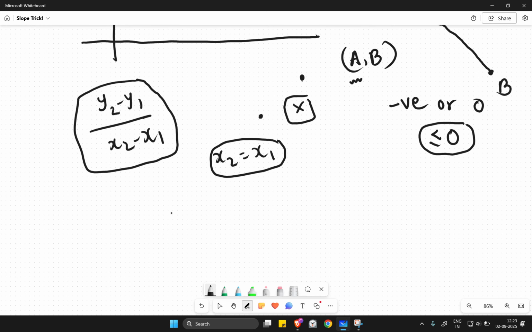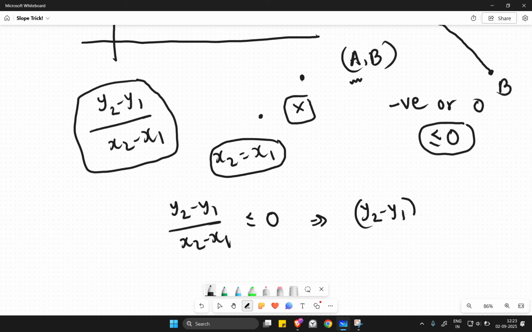So what you can do is that, if y2 minus y1 divided by x2 minus x1 is less than or equal to 0, then you can guarantee that y2 minus y1 into x2 minus x1 will be less than or equal to 0 as well.